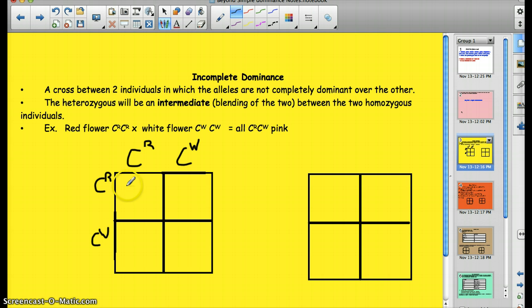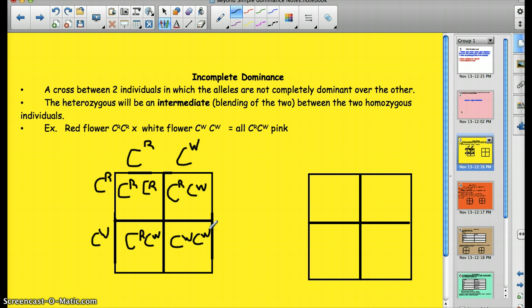Now, when we cross these, you're going to notice in this first blank, we're going to get a CR CR. In the second one a CR CW. Here we're going to get a CR CW. And here we're going to get a CW CW.